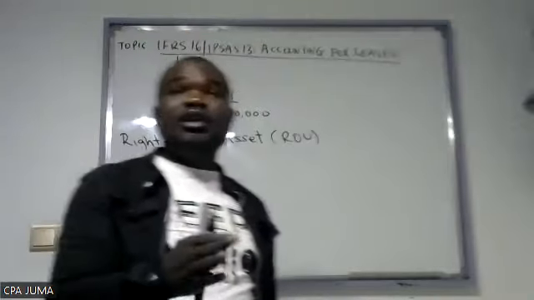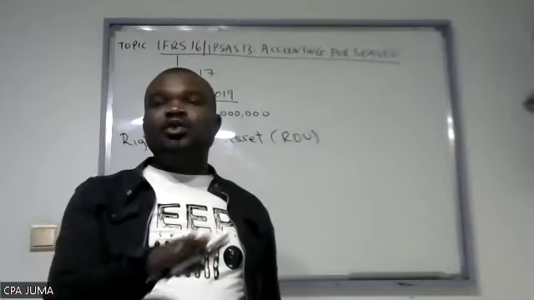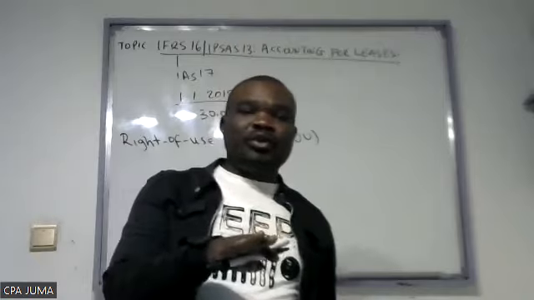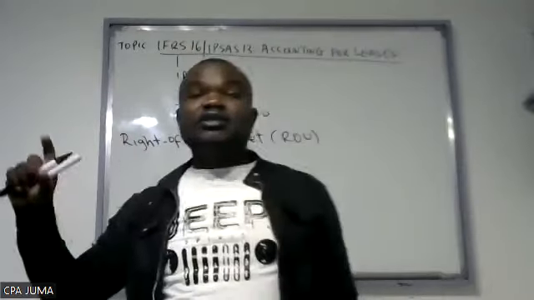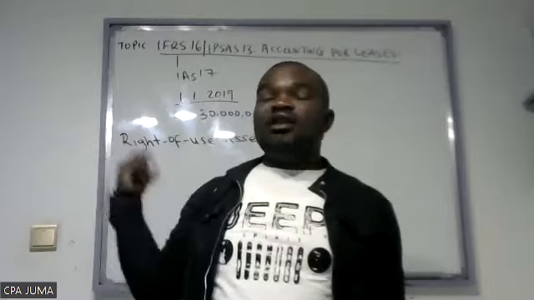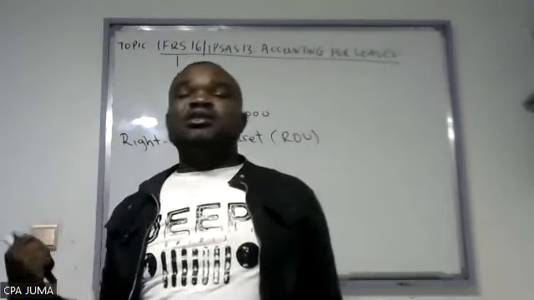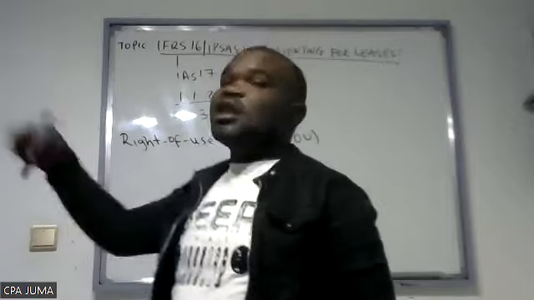So for the lessee, regardless of whether the title will be transferred to you or not, and when I say or not it means operating lease, you have to recognize both assets in the financial statements. Very important. So for a finance lease, you recognize the asset itself.